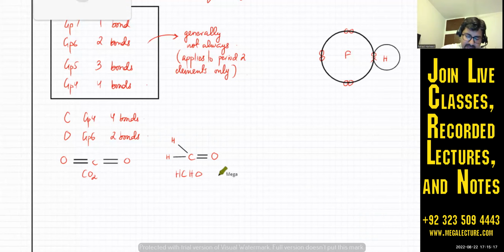So if I draw an incorrect molecule, let's say, there's carbon, and then there is N. Then there's another carbon, and this carbon is making a double bond with oxygen.